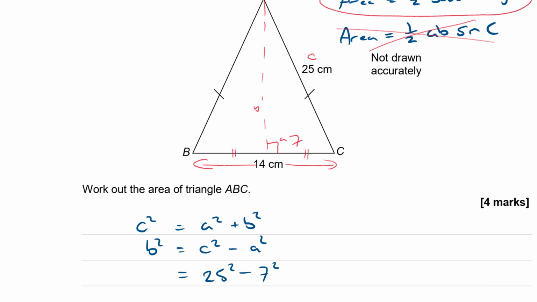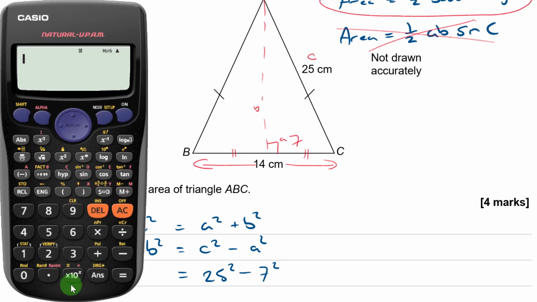So what's that then? 25 squared subtract 7 squared is giving me 576. So B then is the square root of 576.